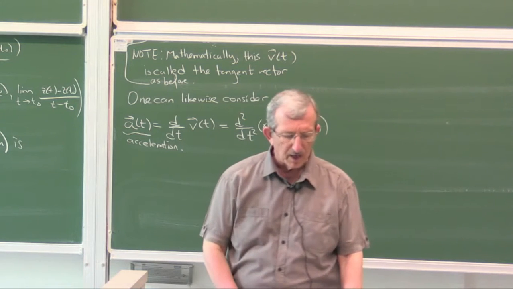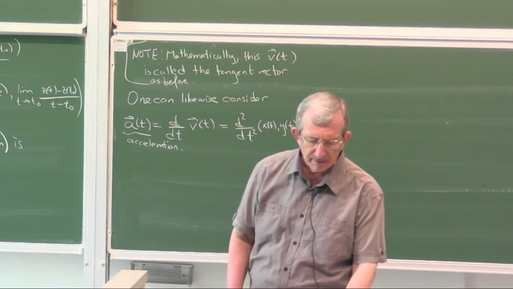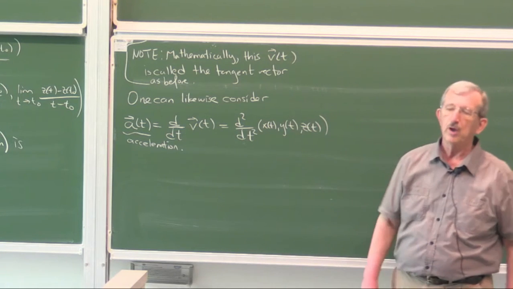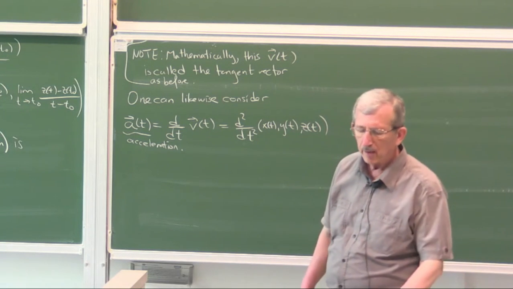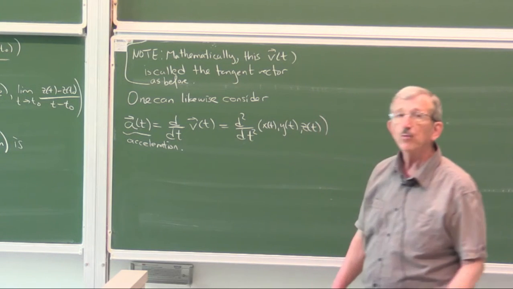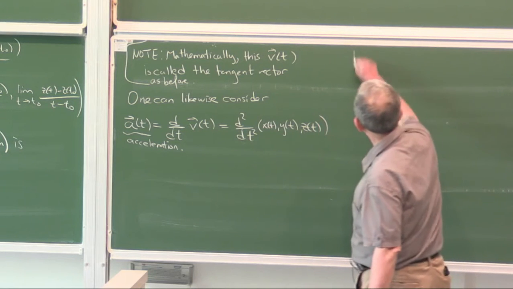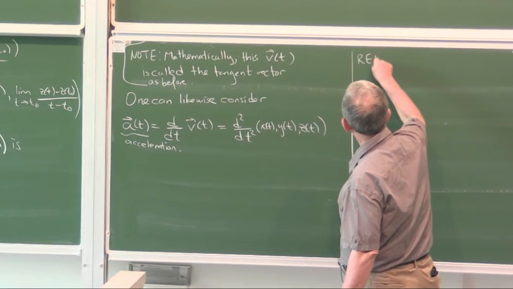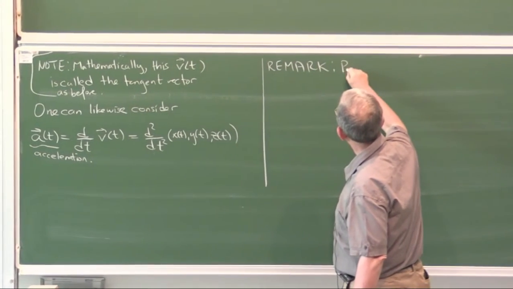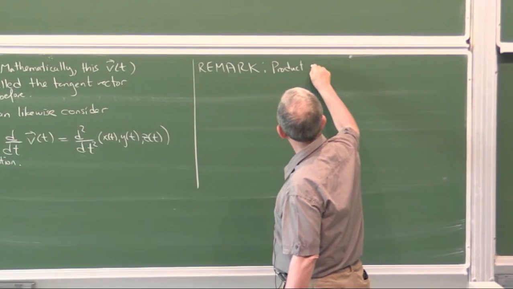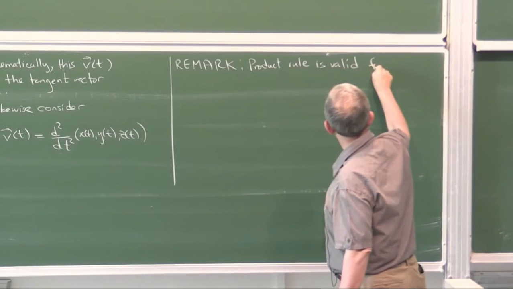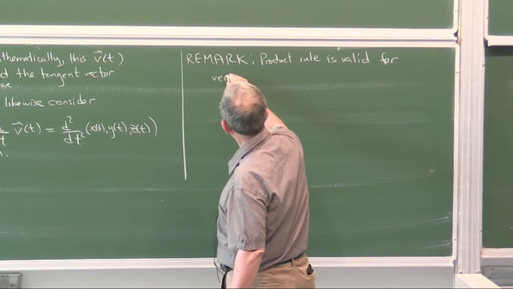Well, the last thing I will say here is that all the product rules in vector valued functions are the same as in the one variable case. So let me just remark, I will not prove these, it's very easy to show it. The product rule is valid for vector valued functions as well.